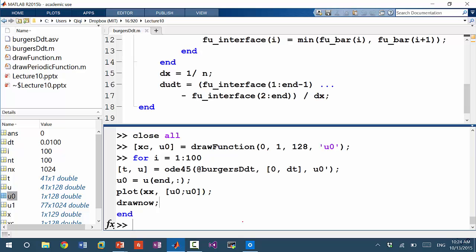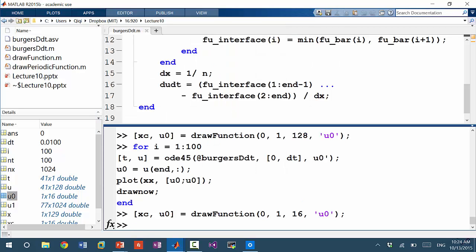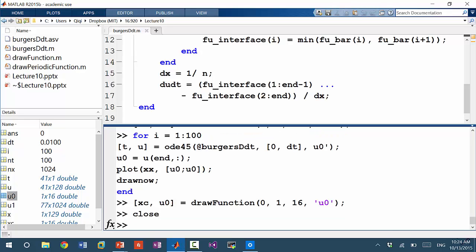Actually, it is more obvious, for example, if we coarsen the grid to be 16, and I think we'll see that a little bit clearer. My guess is that you are going to see that more obviously.